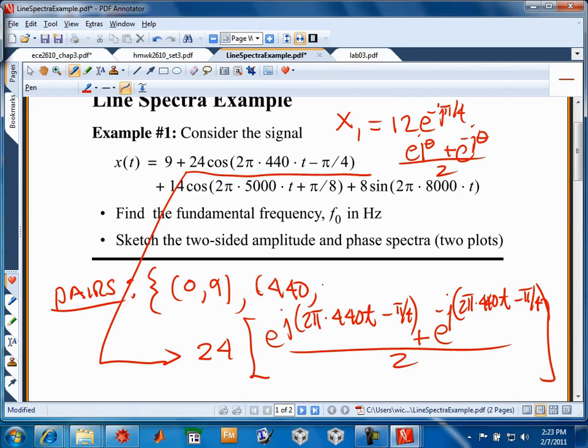So now going back up in here into this first term, the first of two pairs that correspond to the 440 hertz cosine wave, I would have 440, and then we were saying it would be 12, which is the 24 divided by 2.